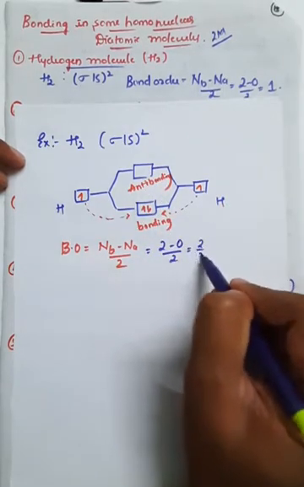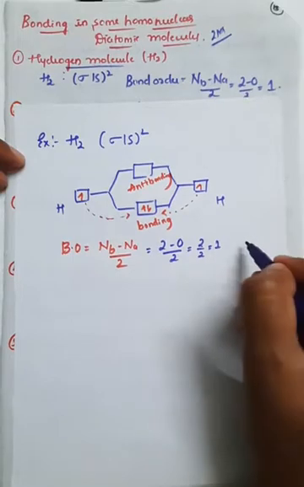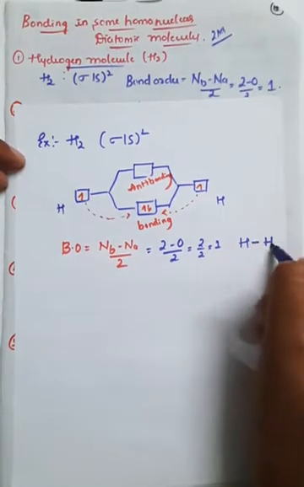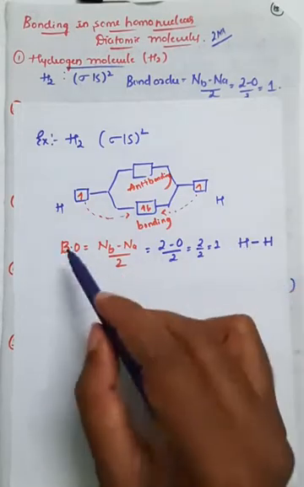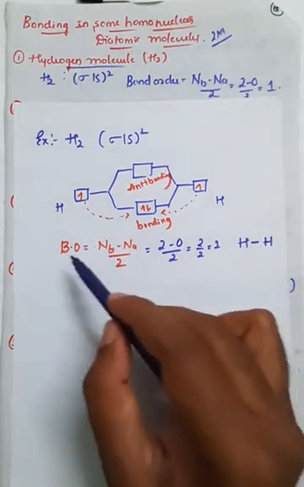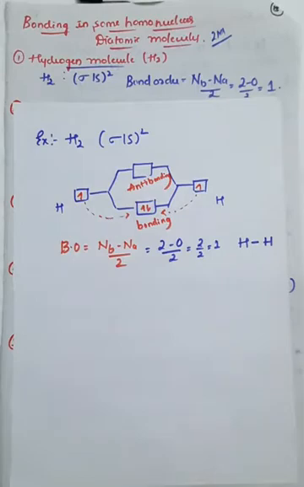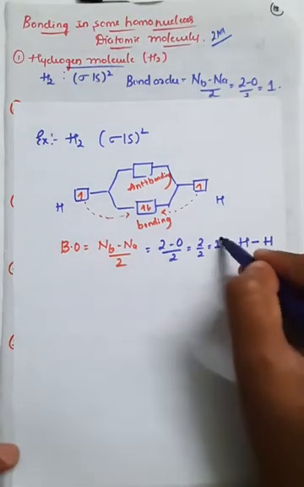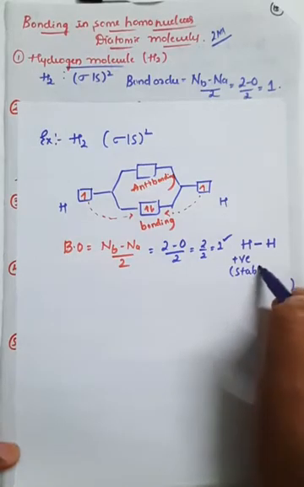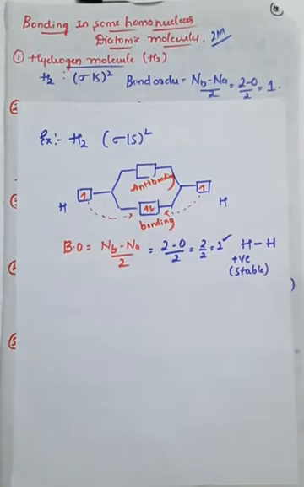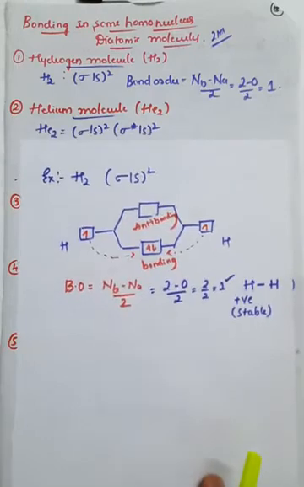So 2 by 2 is equal to 1, which means hydrogen is single bonded with one more atom of hydrogen. That is the calculation for the bond order in the given molecule. It is stable because this value is positive, and hence it is a stable molecule. Therefore the hydrogen molecule exists.